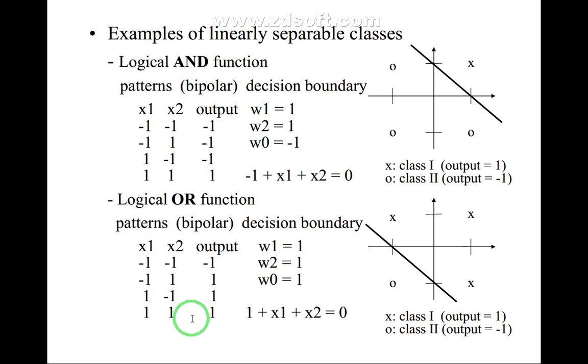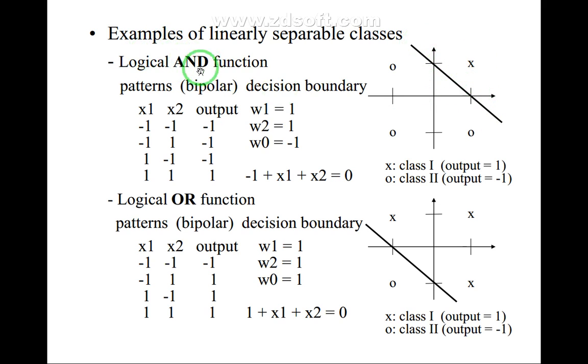So let's see again some examples of linearly separable classes. This is the logical AND function. You can see we have four inputs. The inputs are x1, x2, minus 1, minus 1, and these are the weights. With respect to these weights, you can define this decision boundary equation, and this is linearly separable.